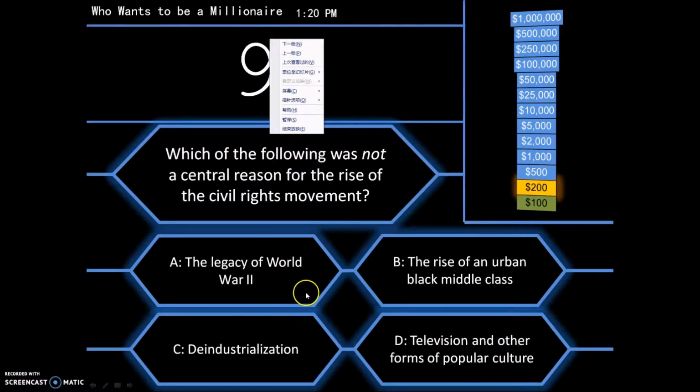And they want to do the same thing in the United States. Next, the rise of an urban black middle class. C. Deindustrialization. Or D. Television and other forms of popular culture. Now, B and D, they're all related to the civil rights movement, except for C.